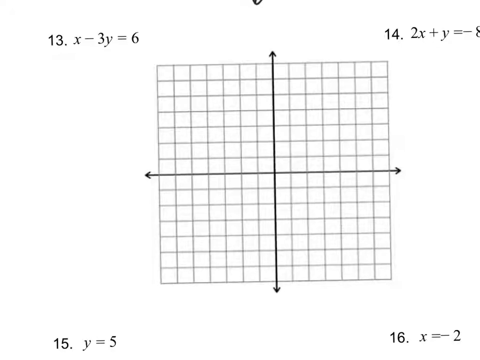And an x-intercept, for instance, is where this line will cross the x-axis. And the y-intercept is where this line will cross the y-axis. So to find those, thinking about a point on the x-axis, anywhere on this x-axis, the y value is going to be 0.